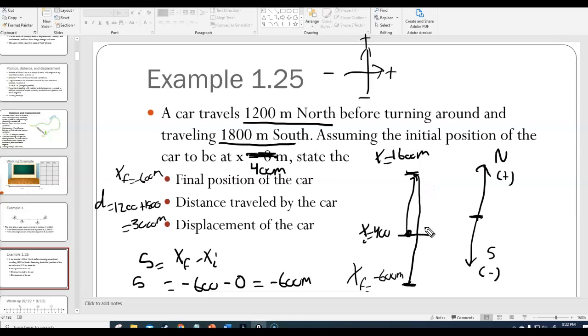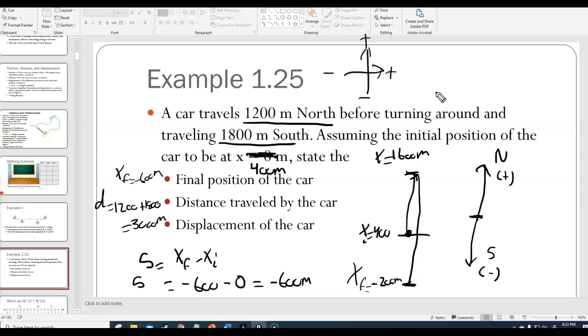Okay, so again, if you approach this like we did before, if you're at 1,600 meters, and then you go back 1,800 meters, that would get you all the way back down here to a new final position of negative 200 meters. Okay, so now my final position is negative 200 meters.